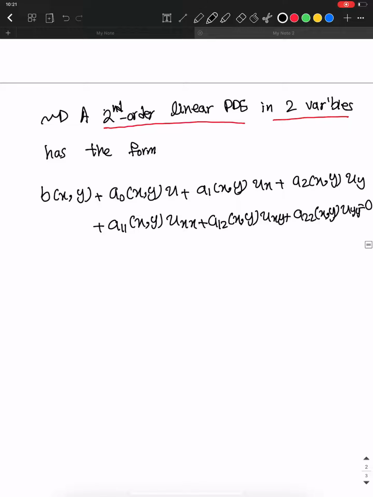Okay, so now I want to make some definitions. One definition is: if b(x, y) is 0, this equation is called a homogeneous PDE.